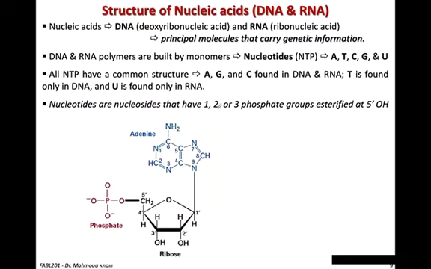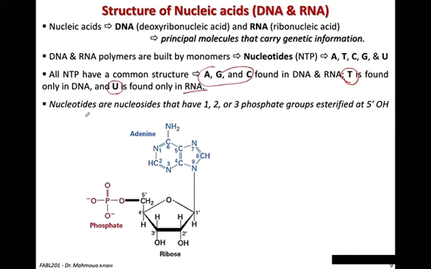So let's go to the structure of the DNA. Basically, DNA and RNA are the principal molecules that carry genetic information. Of course, the difference is subtle between the RNA and DNA polymers. You can see that for the DNA, you have A, G, and C, while T is found only in the DNA and U is found only in the RNA.